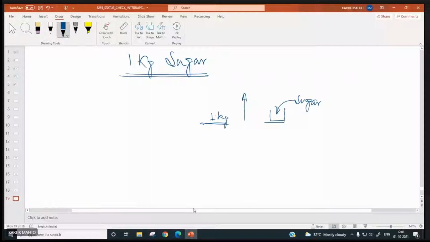And when he starts putting it, maybe he puts very little, and with that little, he finds that the indicator is on this side. He puts something more. What happens? The indicator goes towards the middle.